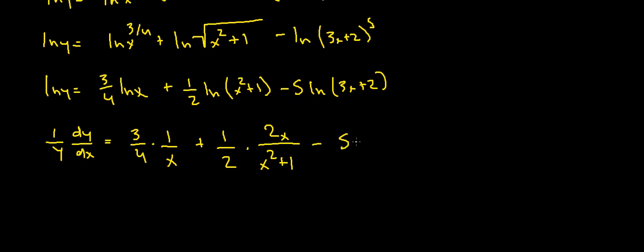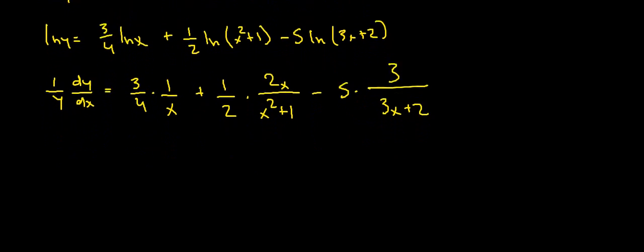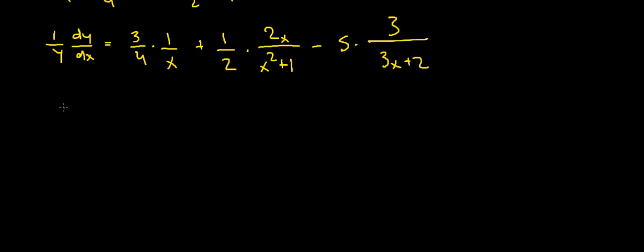Times 5 times 1 over 3x plus 2, then the chain rule, that leaves 3. So I'm going to multiply all this chunk together. So these will cancel each other out.